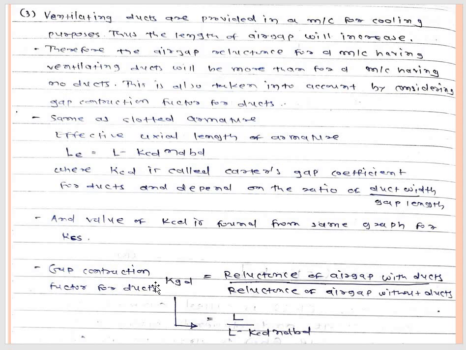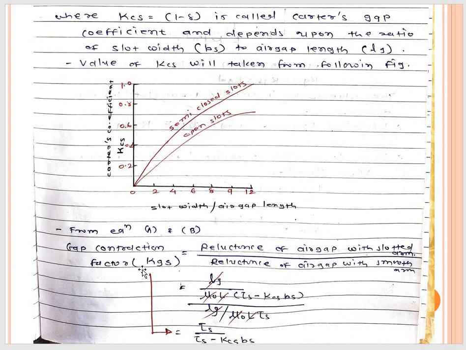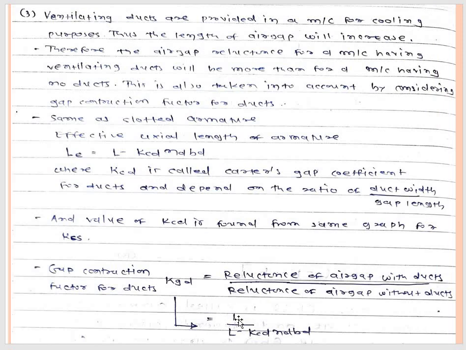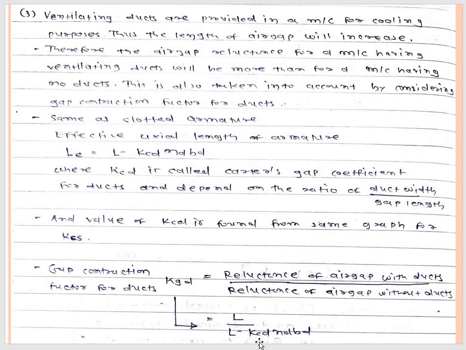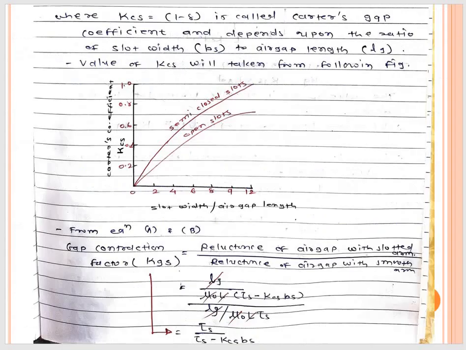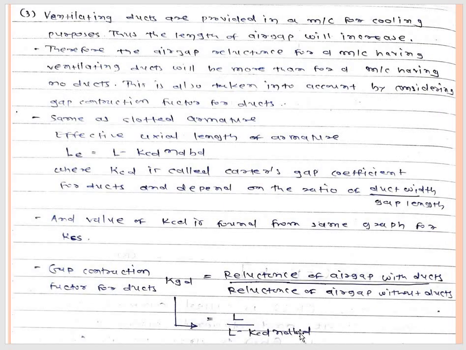This is the same equation as the gap contraction factor for the slot, but tau s is replaced by the length L, kcs is replaced by kcd because this is for ducts, and bs is replaced by bd.